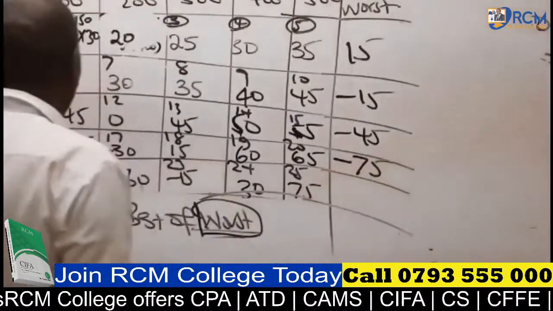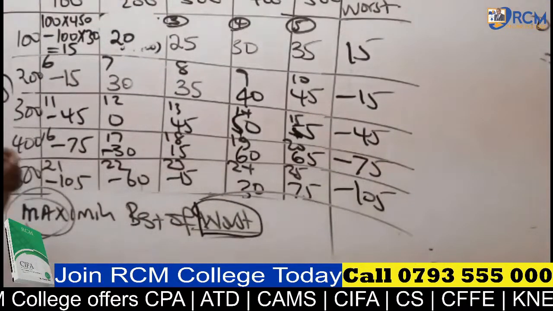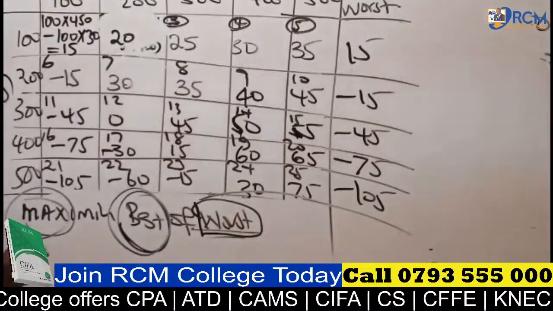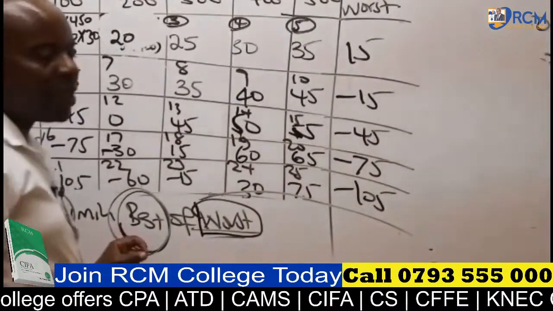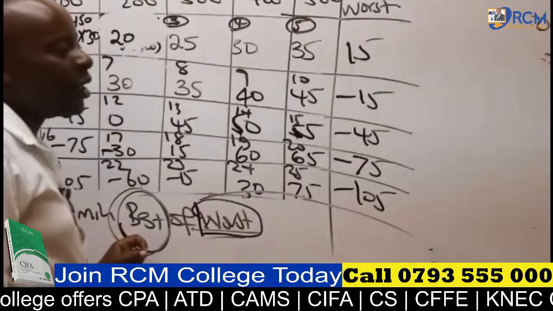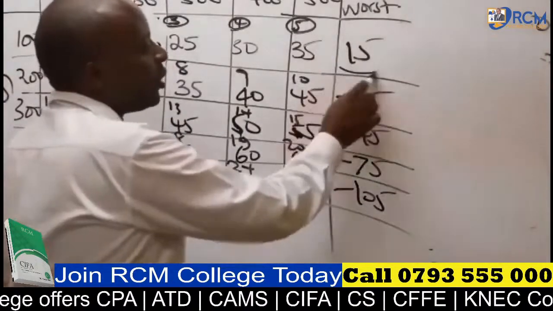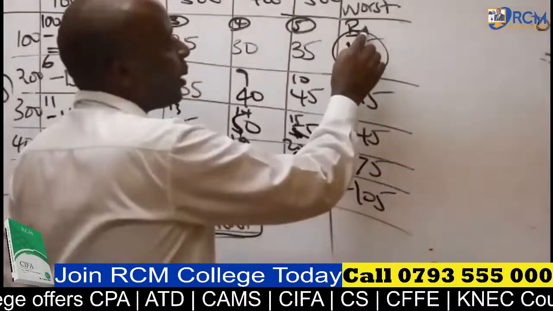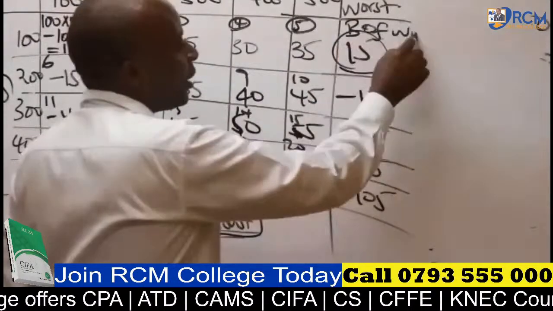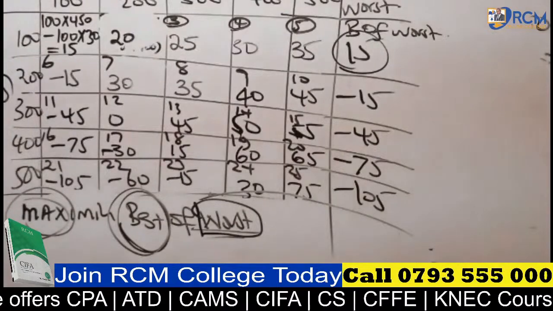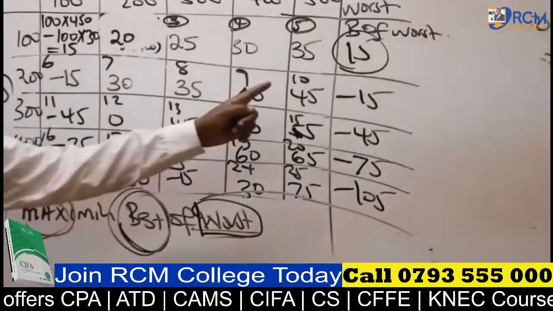Negative 75. Then I'll optimize by looking at the best amongst the worst. These are all the worst scenarios for each alternative. So this is the best of the worst. What does it correspond to here?